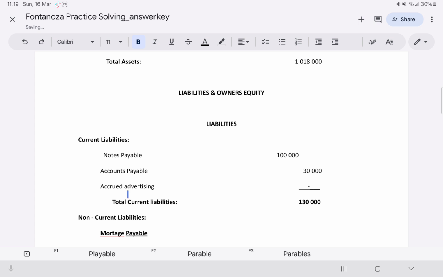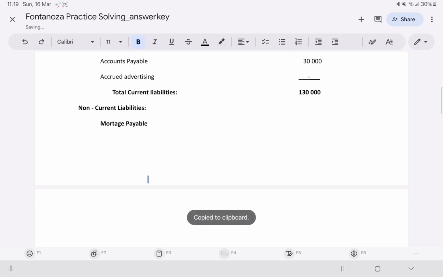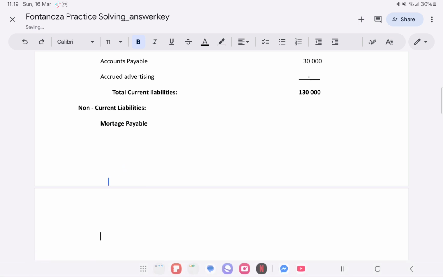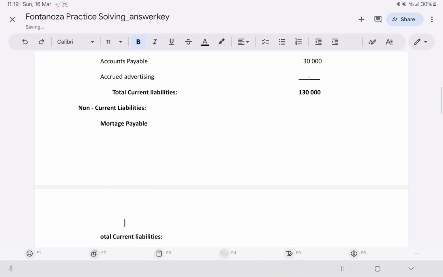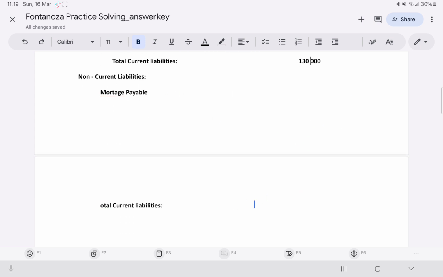Same procedure: you write the total non-current liabilities, then sum up the total current liabilities and total non-current liabilities to get the total liabilities.